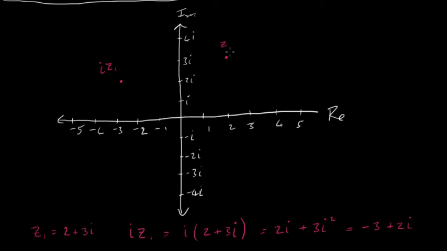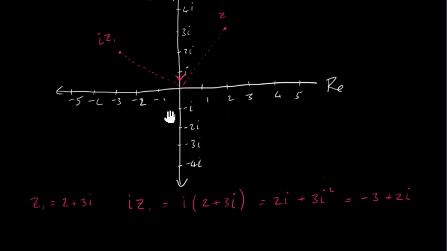Well, if you take this distance here from the origin, and this distance here from the origin, you'll find that the angle there is 90 degrees. So I've rotated this complex number 90 degrees anti-clockwise. So when you multiply by i, you rotate the complex number 90 degrees anti-clockwise.